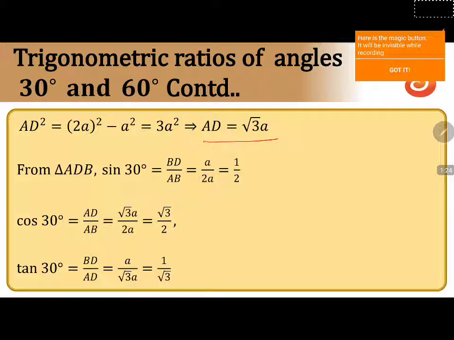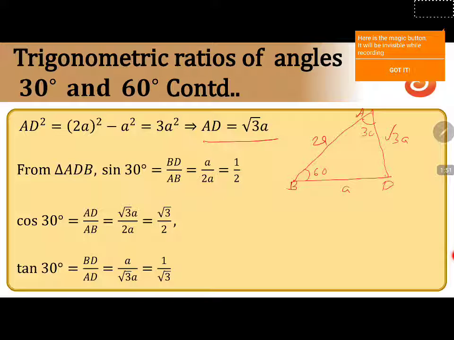When AD is root 3 a, this is the right angle triangle. This is 2a, this is a, this is root 3 a. Here this is 30 degrees, this is 60 degrees.